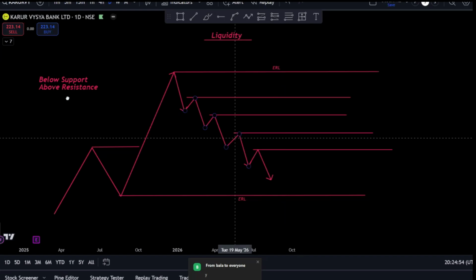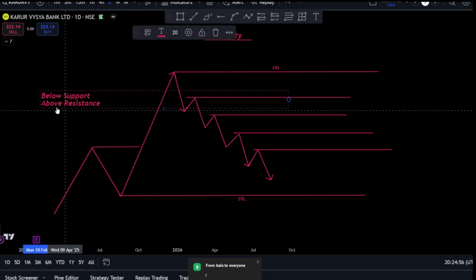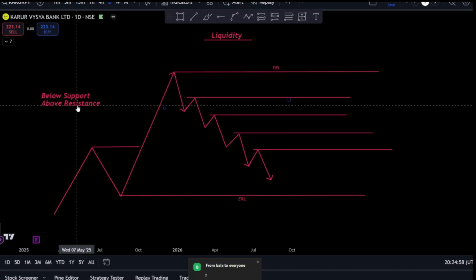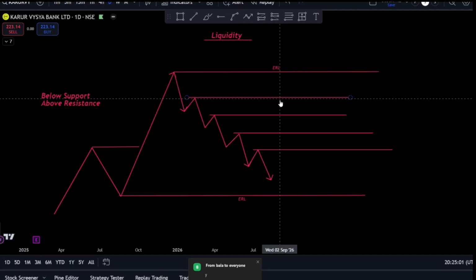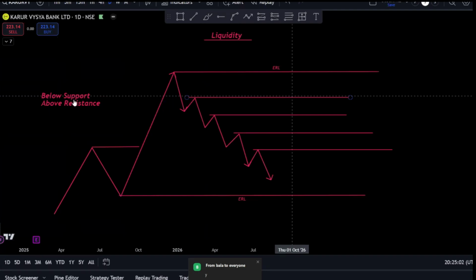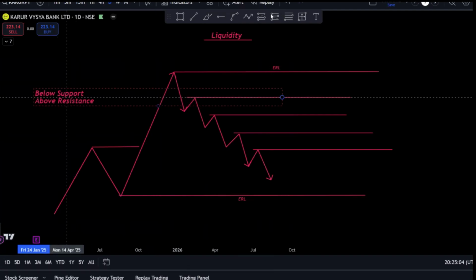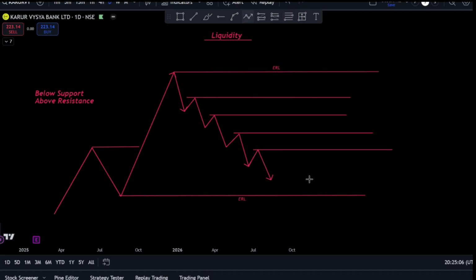Now, use this line again. Where is liquidity? Above resistance, correct? Above the resistance, we have liquidity. So, based on that, is this inside the structure or outside the structure? Think of it. It's inside the structure.